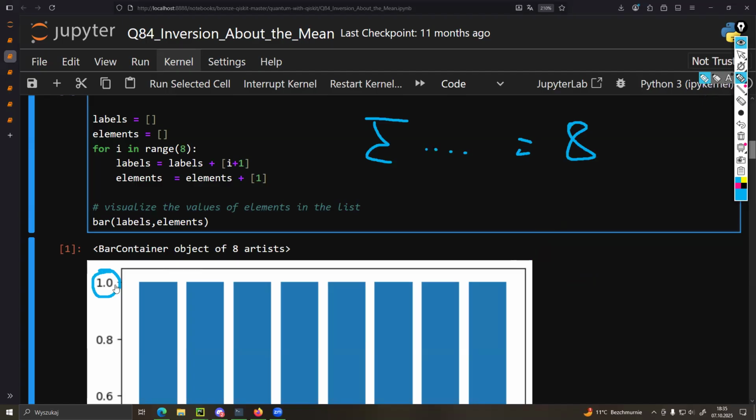However, let's first represent it as the equal weight of all the states as our initial state. Equal probability, equal weight towards obtaining any outcome. Let's say this is a fair D8.